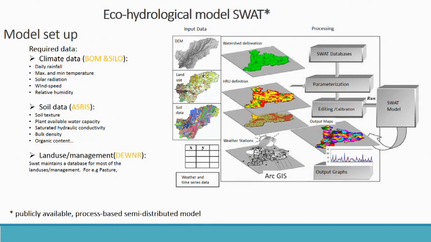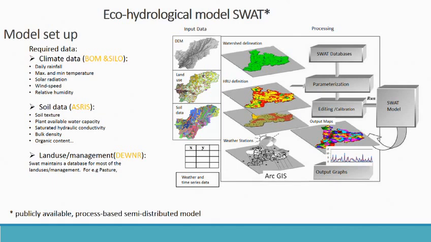We require climate data, which is available from the Bureau of Meteorology and SILO, scientific information for landowners, developed or managed by the Queensland government. We require maximum and minimum temperature, rainfall, and other parameters. Similarly, we require a lot of soil information, such as soil texture, plant available water capacity, and a lot of other 14 or 15 parameters.